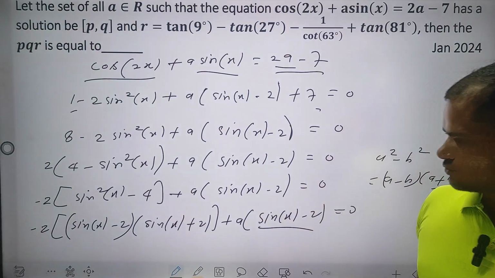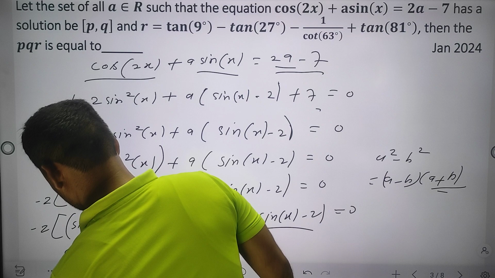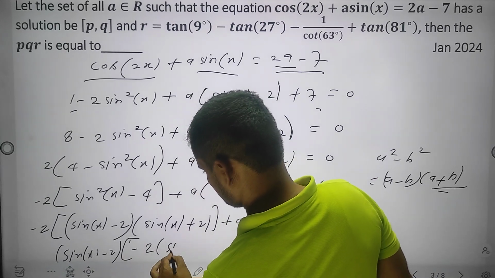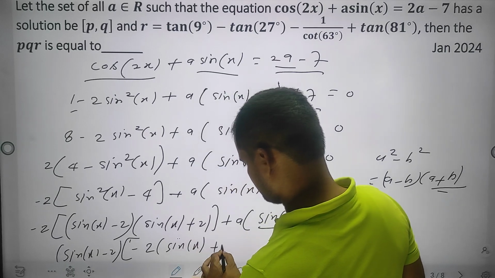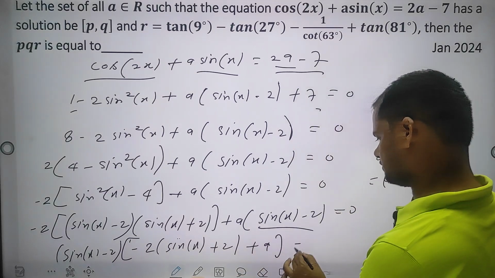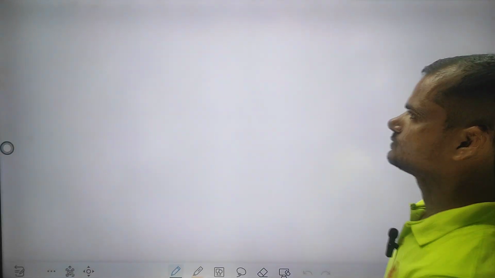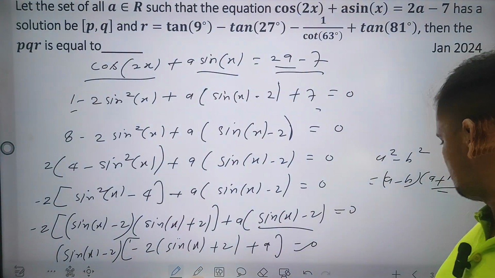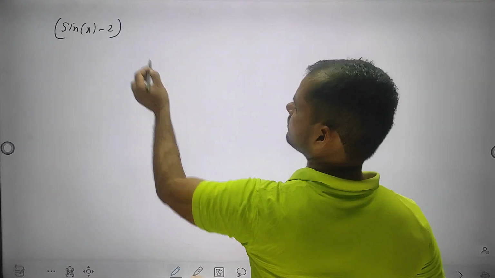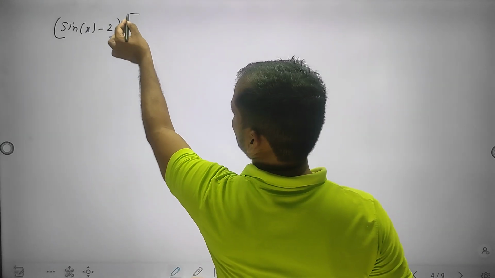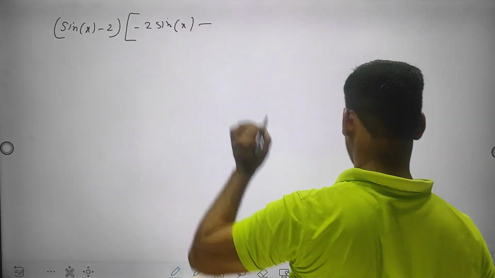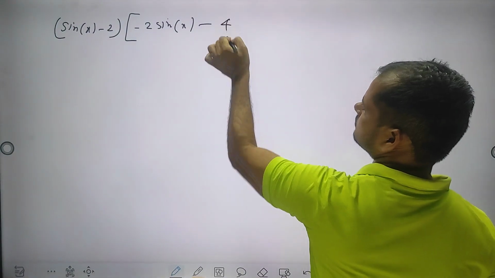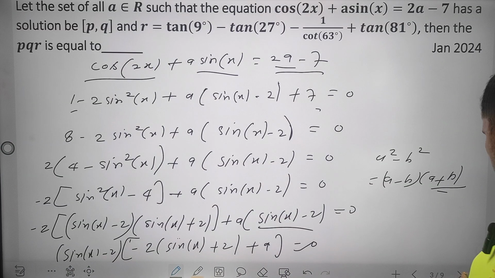Now if we take (sin x minus 2) common, then this will be (sin x minus 2) into (minus 2 into (sin x plus 2) plus a) equal to 0, that is minus 2 sin x minus 4 plus a.